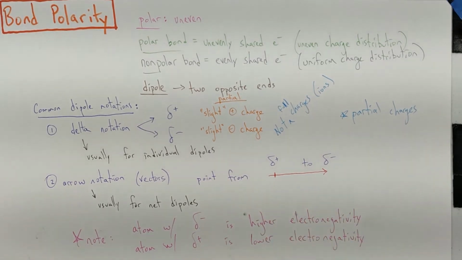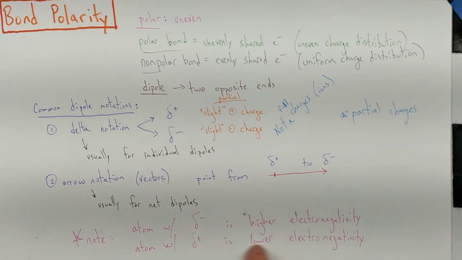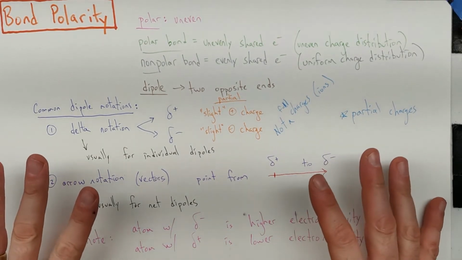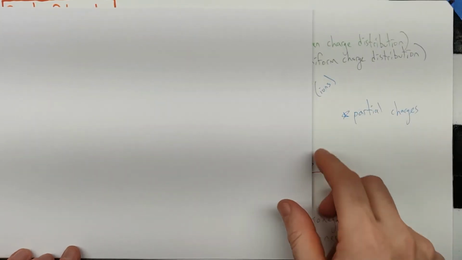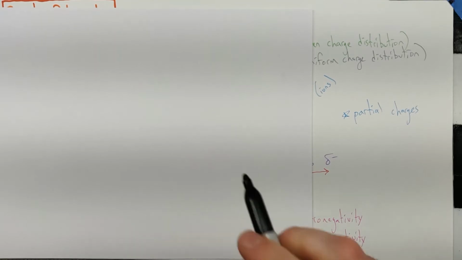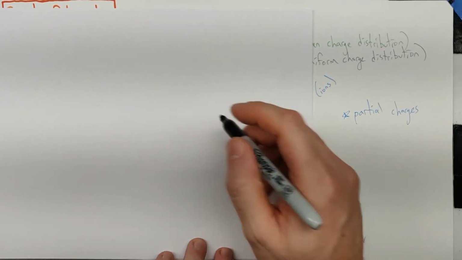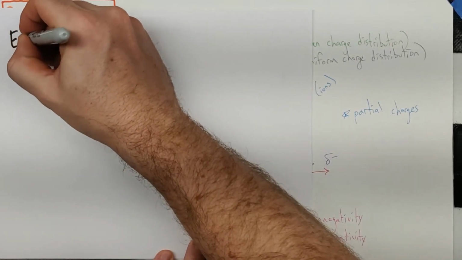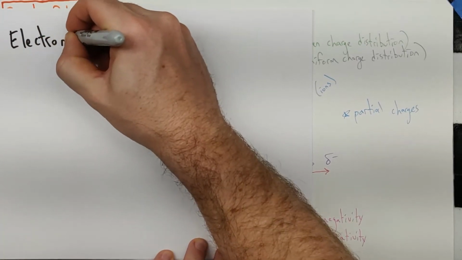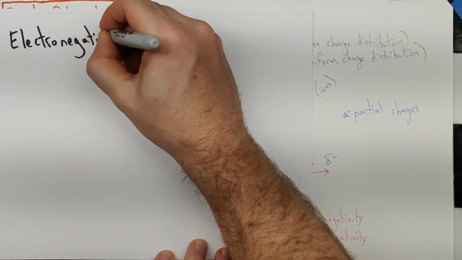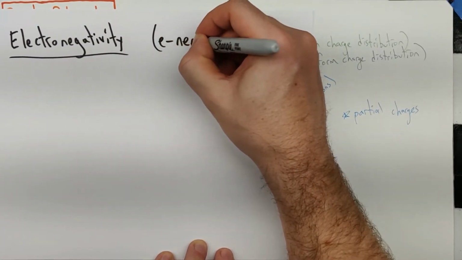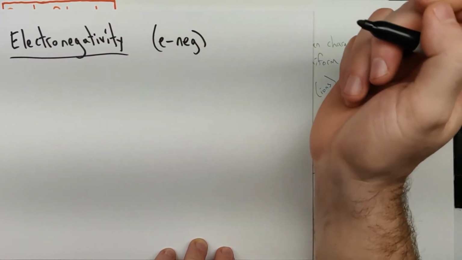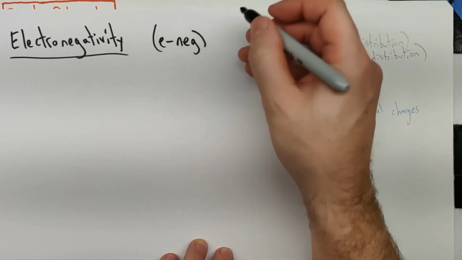We'll get more into how those vector arrows work, not in too much detail, but before we do that, I want to take a look at how these electron densities move around. Electronegativity is one of those words that I hope you're tired of hearing because I say it so often. That means there's some level of importance to it. Which I abbreviate E-neg, and that's not a super legit abbreviation, but it saves me a fair bit of writing.